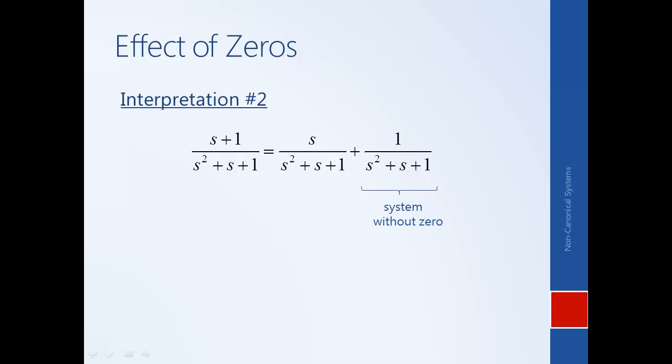If we think back to what multiplication by s in the Laplace domain means in the time domain, we may recall that multiplication by s is equivalent to differentiation with respect to time. So in essence, we have a canonical second order system and we're adding it to the derivative of a canonical second order system.